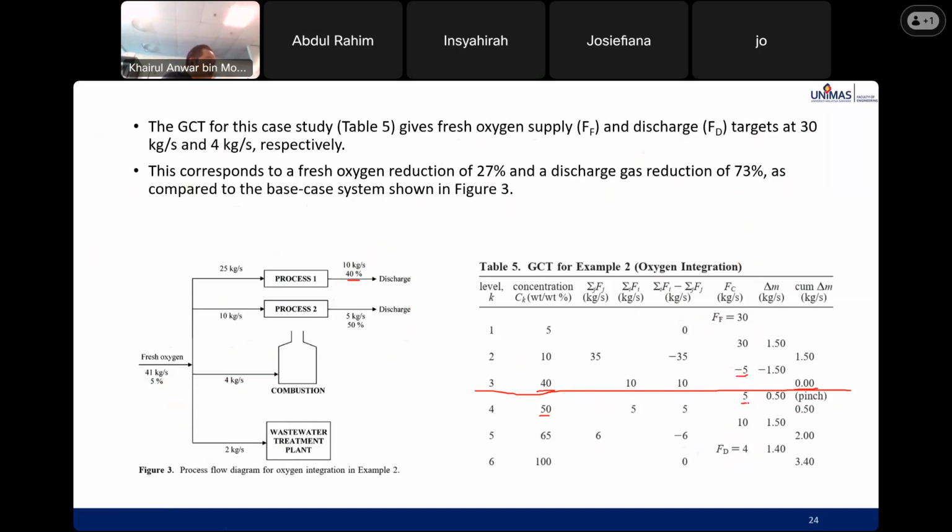Below the pinch is 5. It's okay. So 5%. 5.